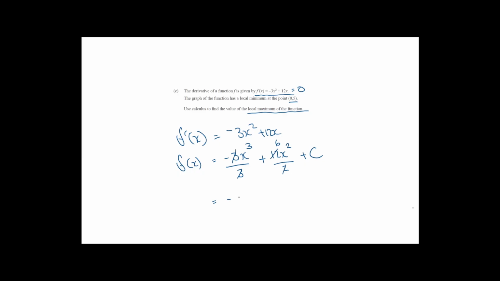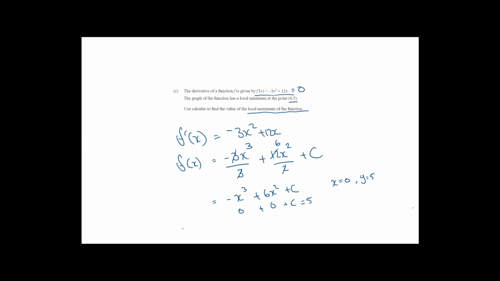So we're going to get -x cubed plus 6x squared plus c. And we need to find the c. So when x equals 0, y equals 5. So I mean 0 cubed is 0. 0 squared is 0. So c equals 5.